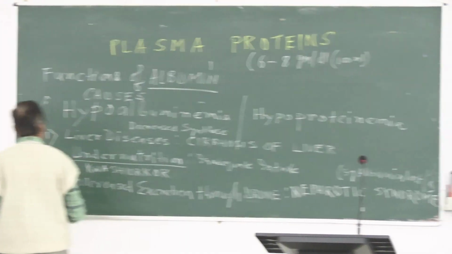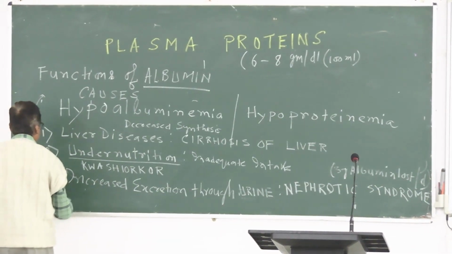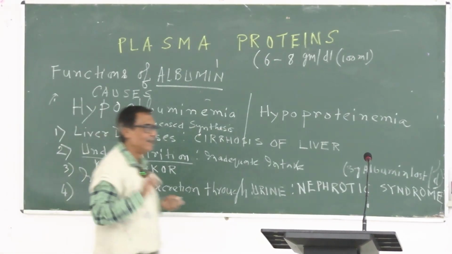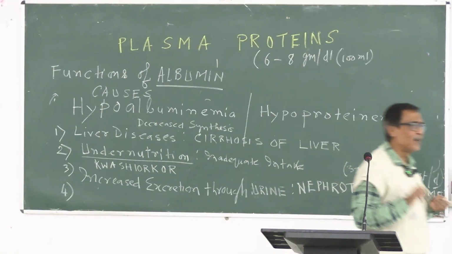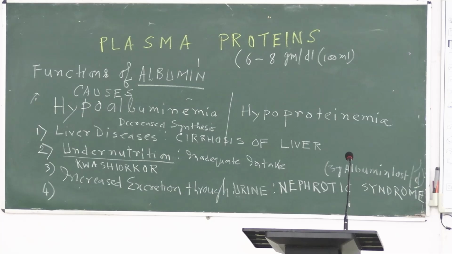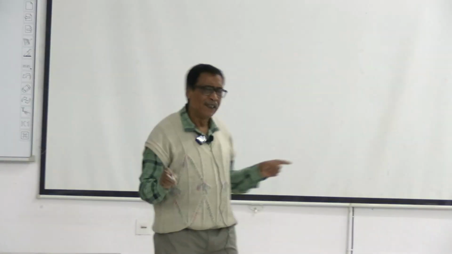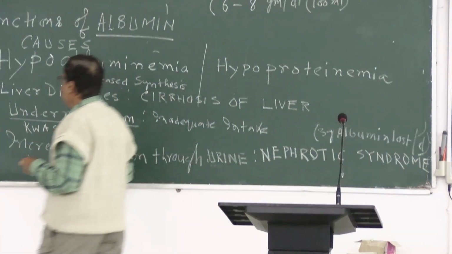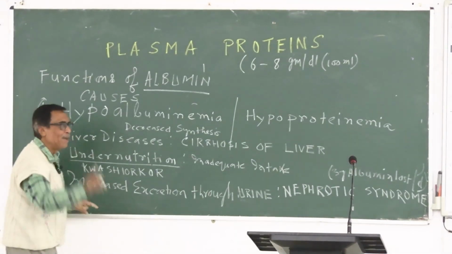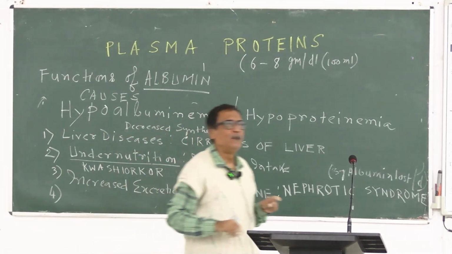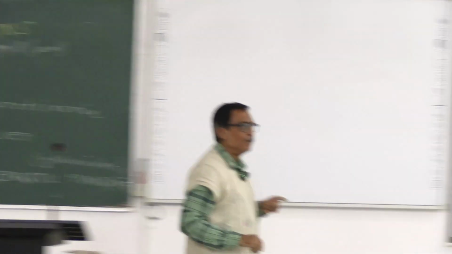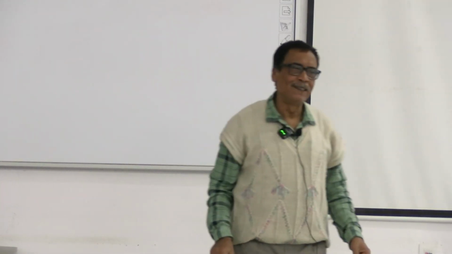Now, another cause: you are taking protein sufficiently, your liver is okay, your kidney is okay, there is no liver disease, no kidney disease, diet is okay, and in spite of that there may be hypoalbuminemia. That is malabsorption syndrome.